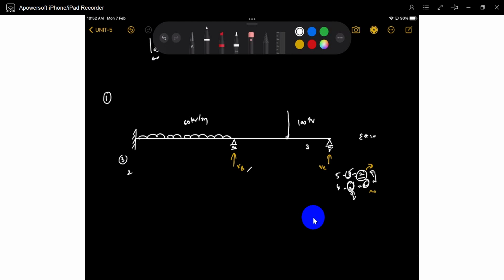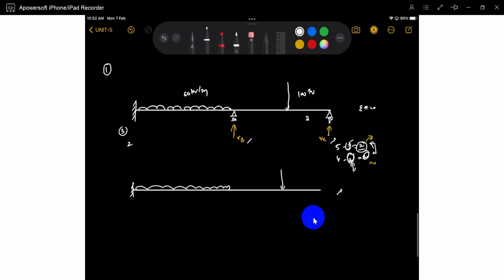So if you take VB and VC as unknown reactions and release those two, it will be like a cantilever beam. It's directly determinate.